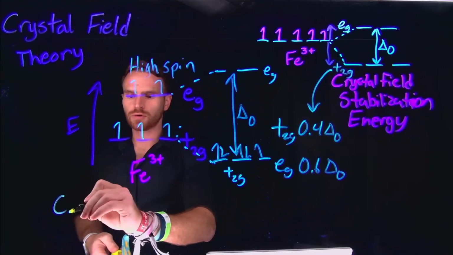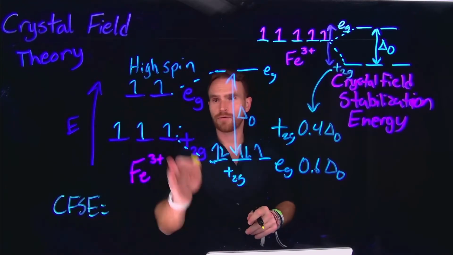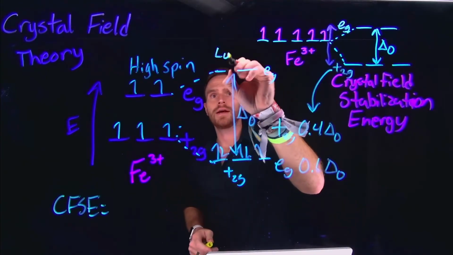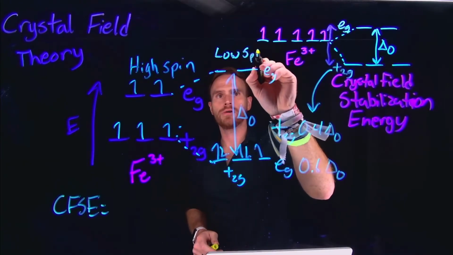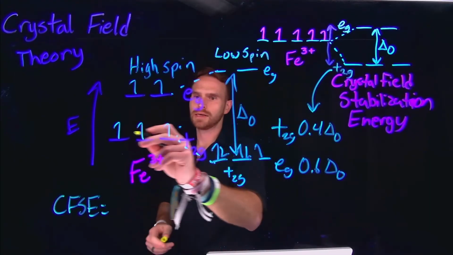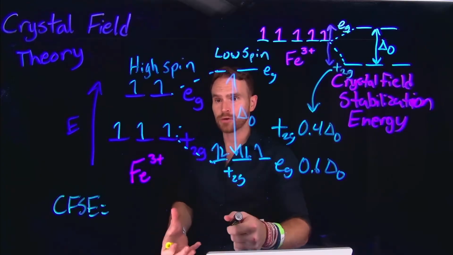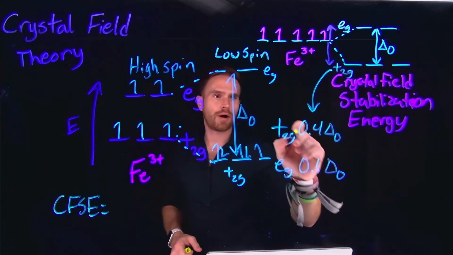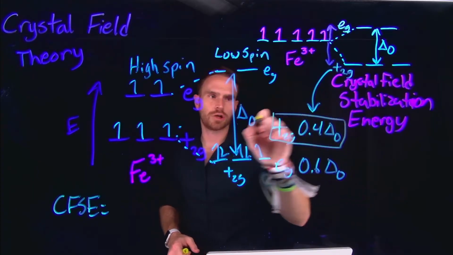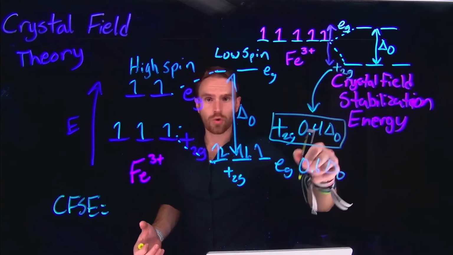So for crystal field stabilization energy, we can actually perform a calculation for both the high spin and the low spin scenarios. So for the crystal field stabilization energy, I see that there are 3 electrons in these lower energy t2g orbitals. And remember, I said that those get a stabilization of 0.4. So remember, that's a negative value because it's lower in energy.